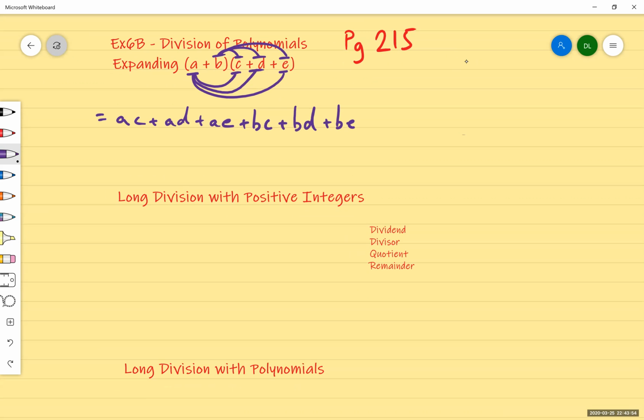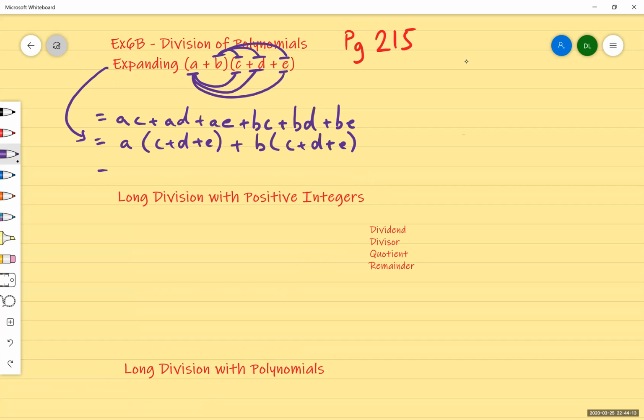But the reason it works is because this is the same as, let's look back to this original equation, if I was to write a times (c plus d plus e) plus b times (c plus d plus e).